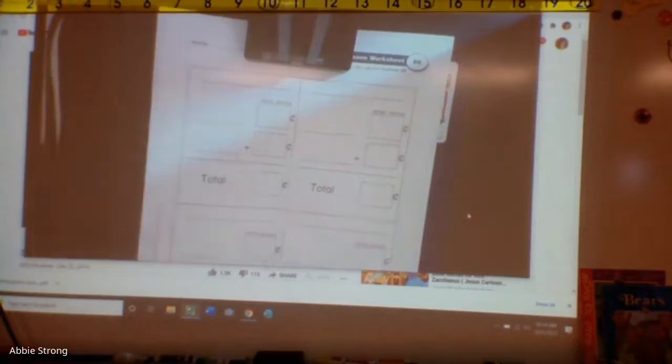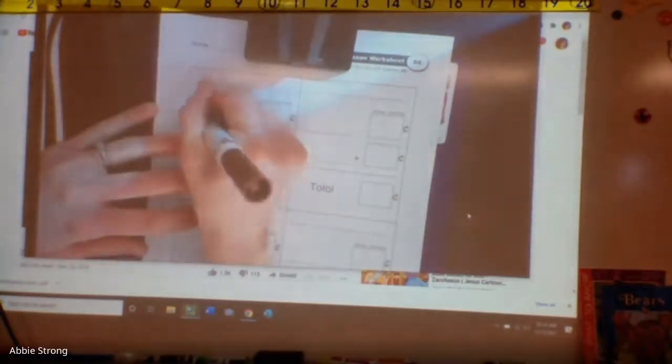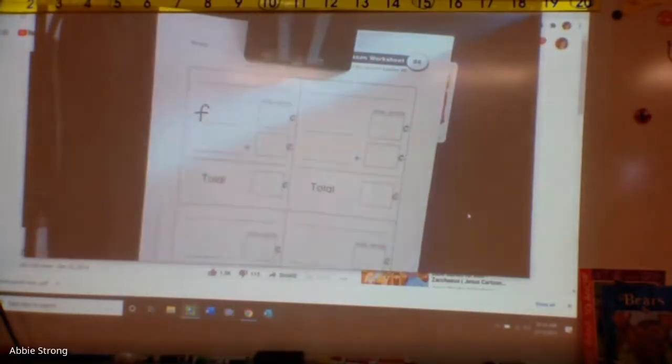What letter says like fish? Savannah. E. E says like etabeta. Fish is not an E word. It's a different letter. Journey. F. Good. So we're going to write F on that first line.